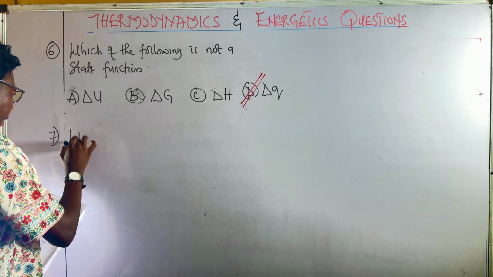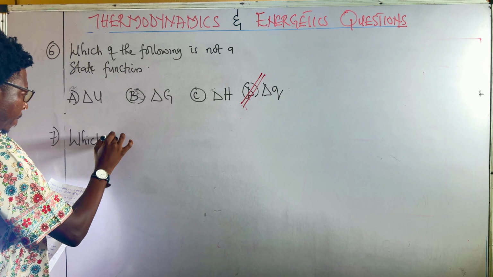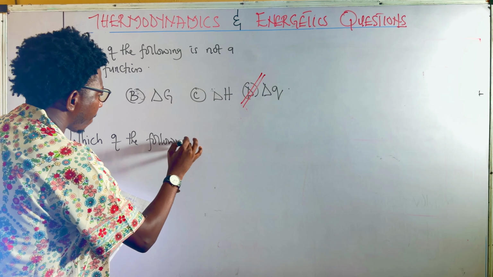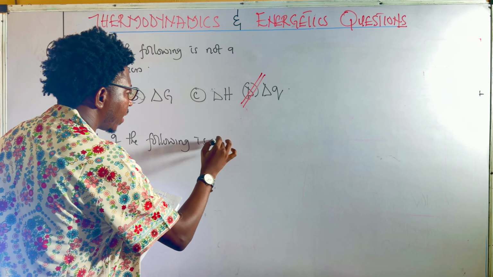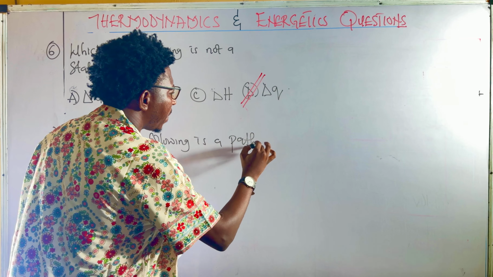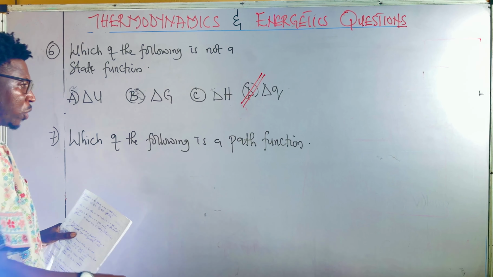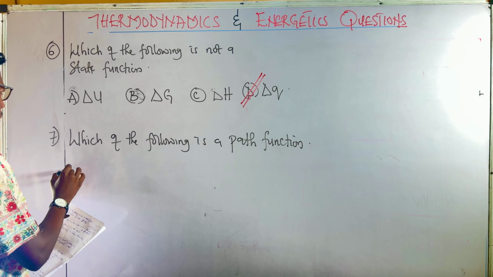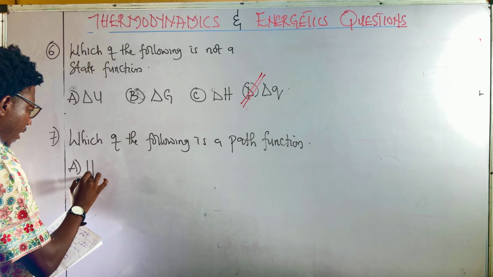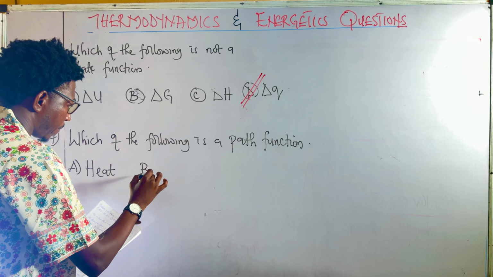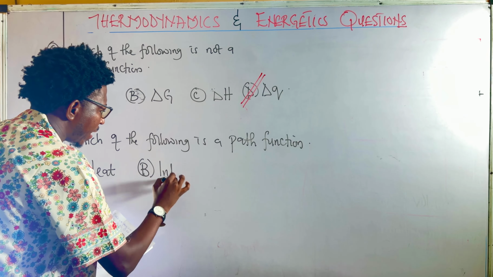Number seven. Which of the following is a path function? Option A, heat. Option B, internal energy.